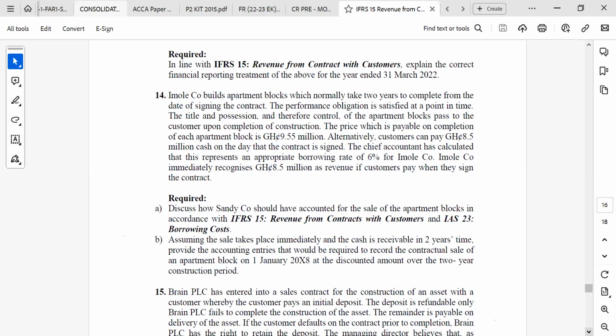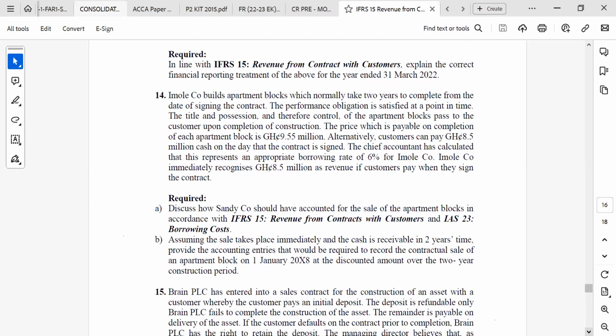The price which is payable on completion of each apartment block is 9.55 million Ghana cedis. Alternatively, customers can pay 8.5 million Ghana cedis cash on the day that the contract is signed. The chief accountant has calculated that this presents an appropriate borrowing rate of 6% for Imoleco.